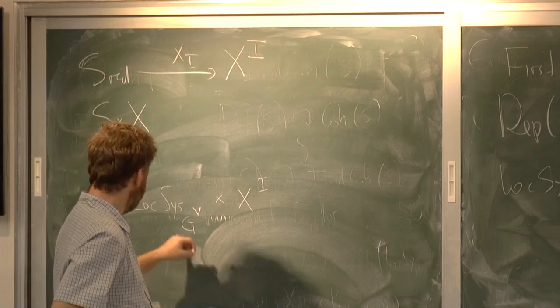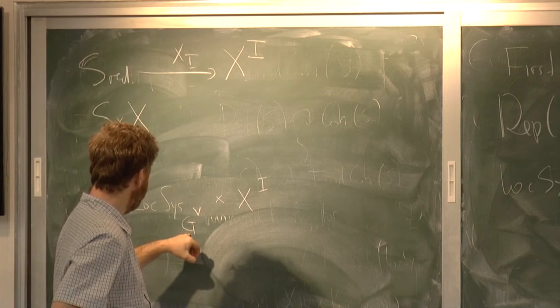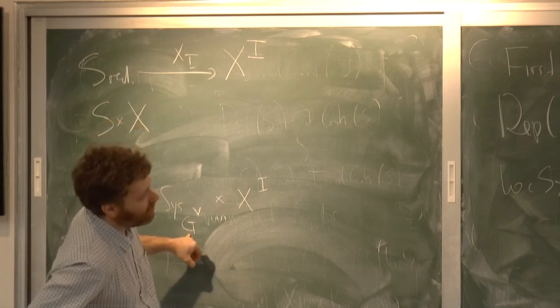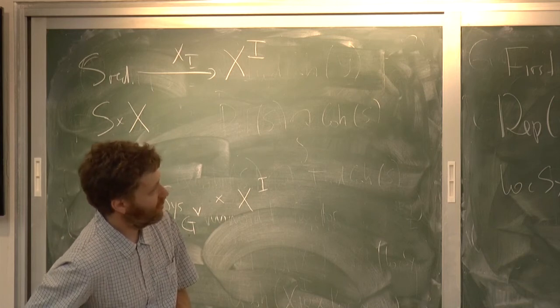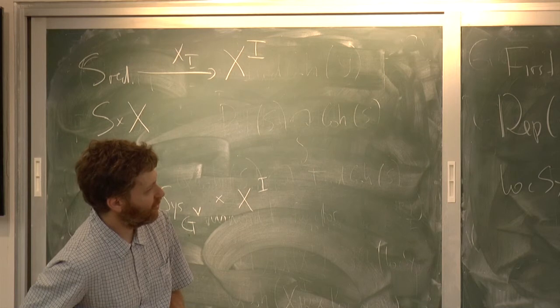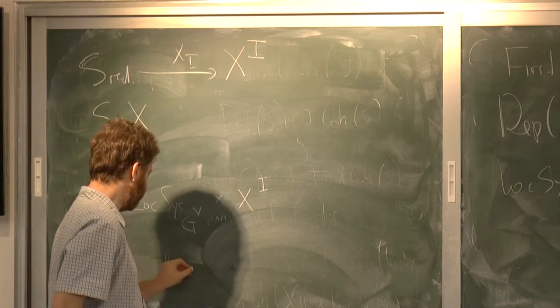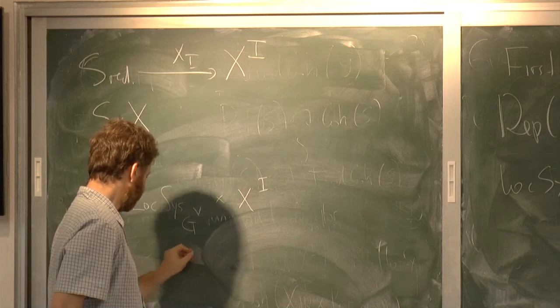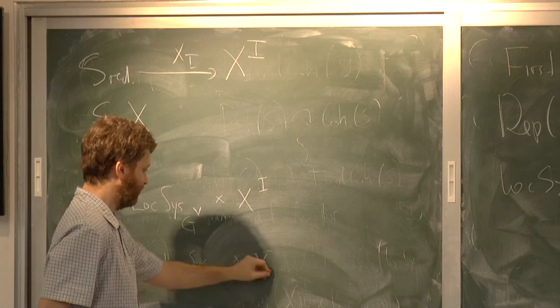But the question is, don't you have this from the very beginning? If you use this when you define this evaluation, you use some kind of universal thing. So what you have is some object which lives on this, right?